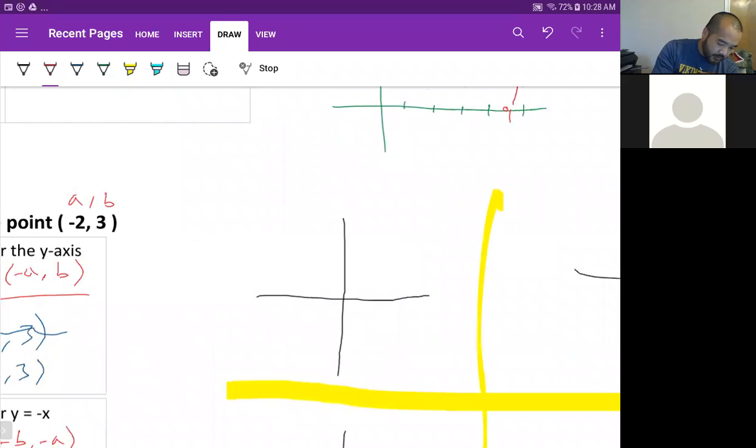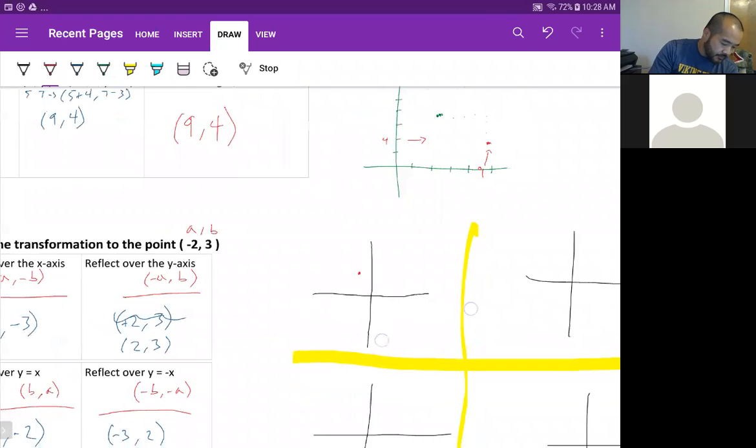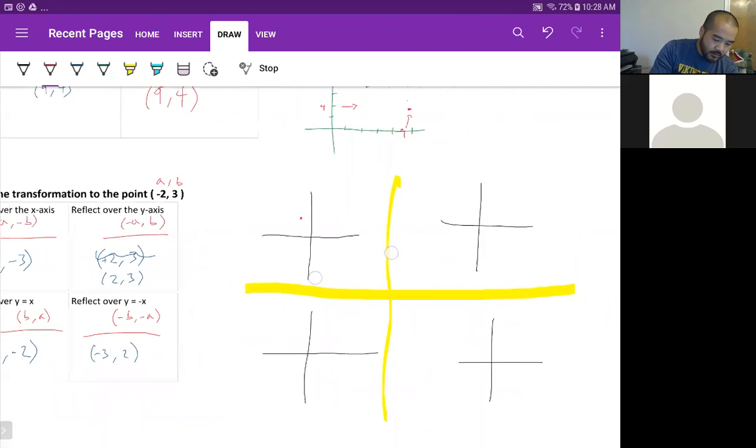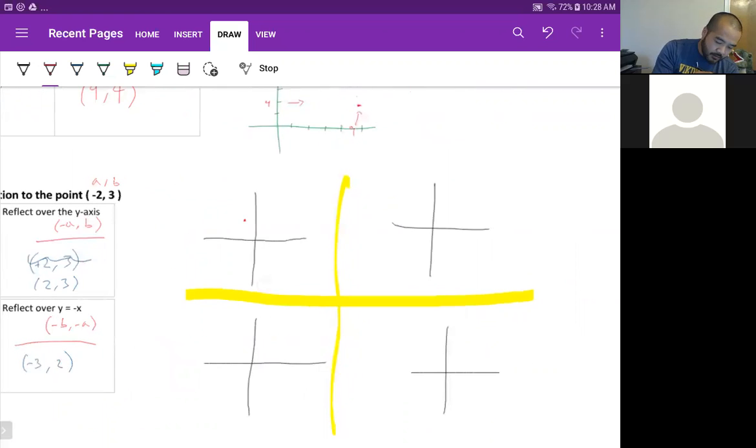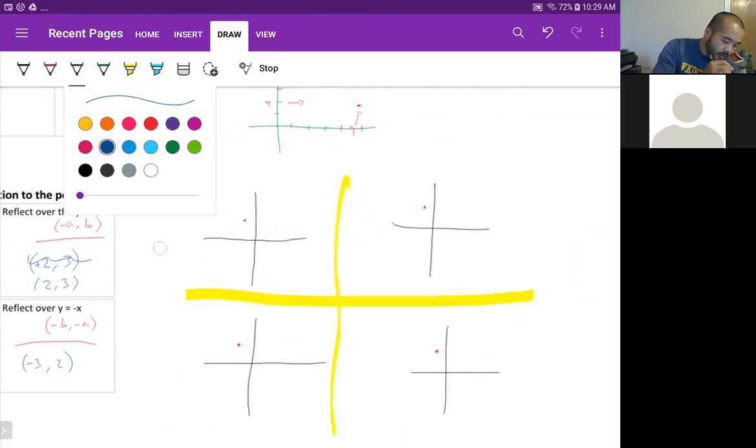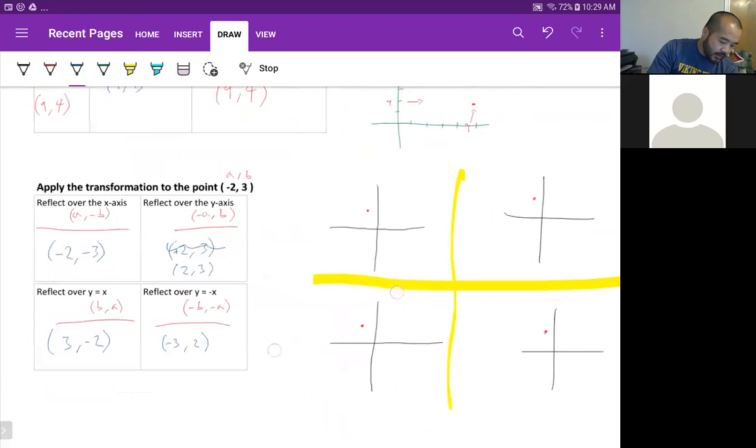So about here is where these started off. I'm going to put all those in there. A reflection over x, y equals x.